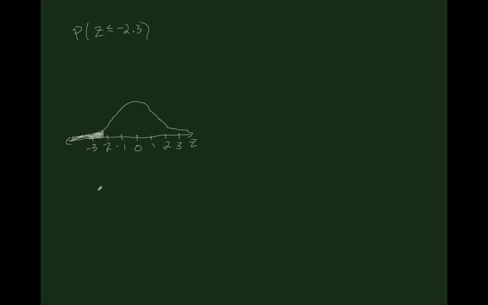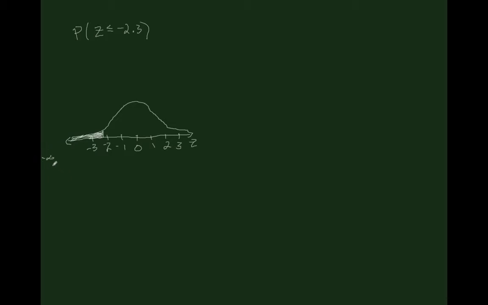The next thing we're going to do is find the area. One thing that's a little bit tricky here is that this curve actually goes all the way to negative infinity, which is not a number, so I can't enter it into the calculator.